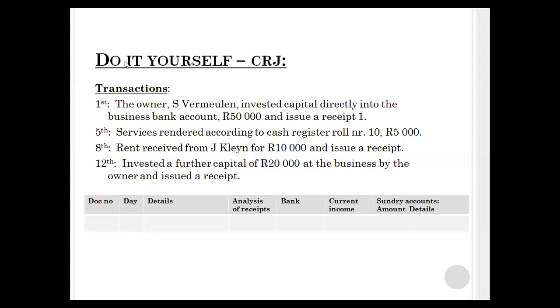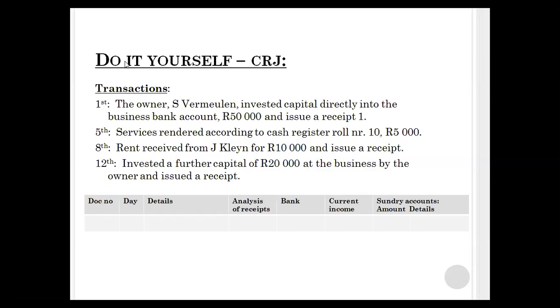If we take the first transaction, it says the owner, Vermeulen, invested capital directly into the business bank account, 50,000 Rand, and issued a receipt 1. So in your document number column, it must be receipt 1 or R1. Day is the first.